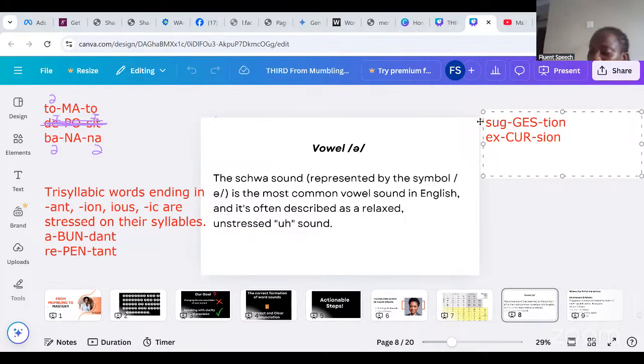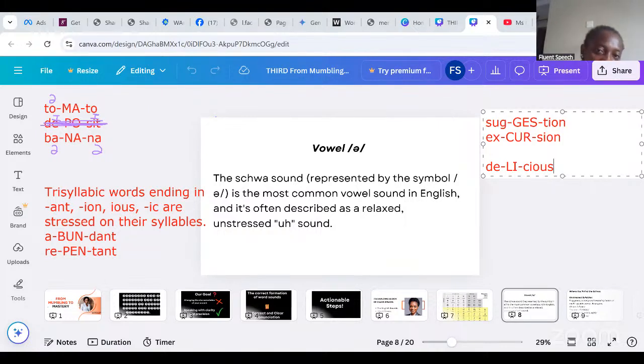Let's go to words with IOUS ending. So if I have a word like delicious, the IOUS, the vowel there, IOU, becomes a schwa. The first syllable, we are not stressing it. However, the E becomes an I sound instead of a schwa.